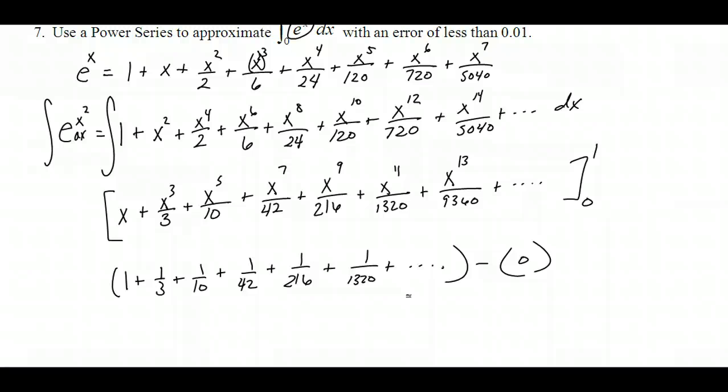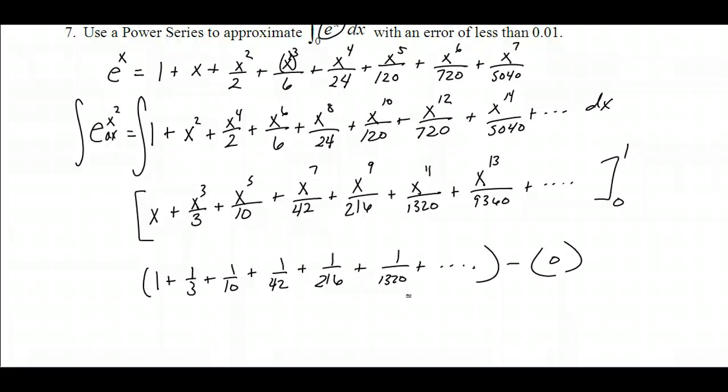So 1 divided by 216. As soon as you know it's not going to be affected, all you're going is to the nearest hundredth. So I should have 1.46. And then I'm accurate to that amount.